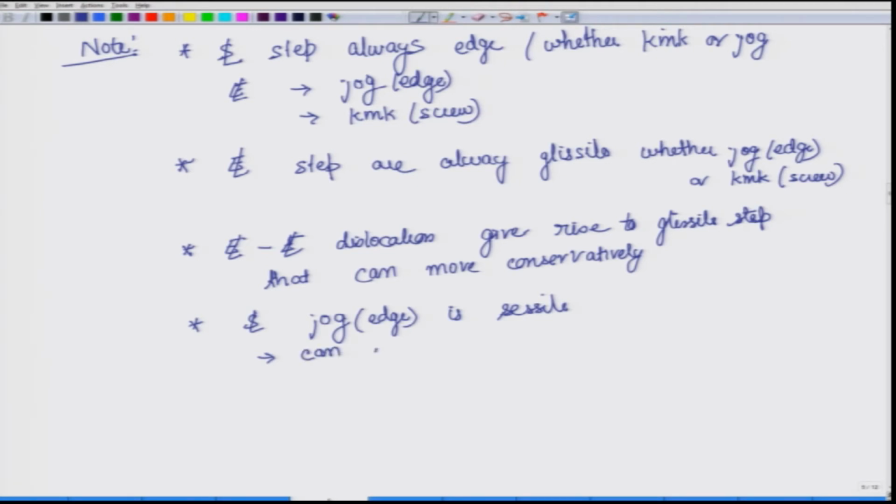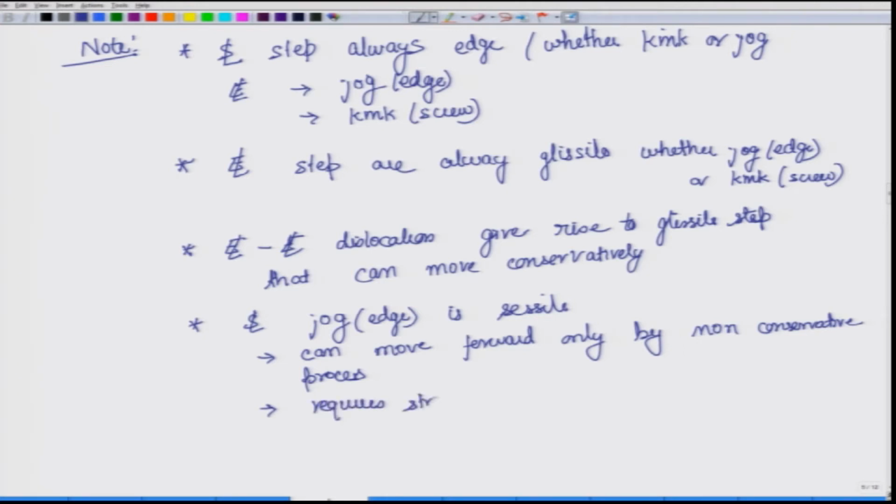It can move forward only by a non-conservative process, which requires stress and thermal activation. Stress is anyways necessary, but along with stress you need thermal activation. So, in other words it is temperature dependent.